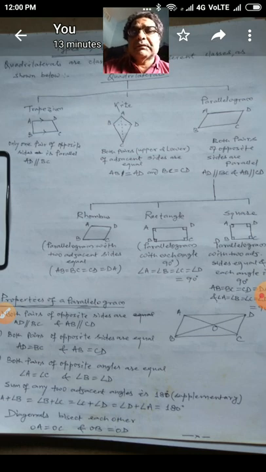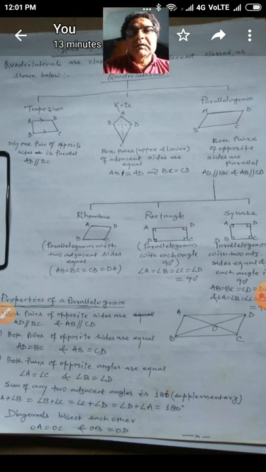In a similar way, as in your last class you have seen that in a triangle the sum of all three angles is 180 degree, which is called angle sum property of triangle. Similarly, in case of quadrilateral, the sum of all four angles is always 360 degree. This is called angle sum property of a quadrilateral.